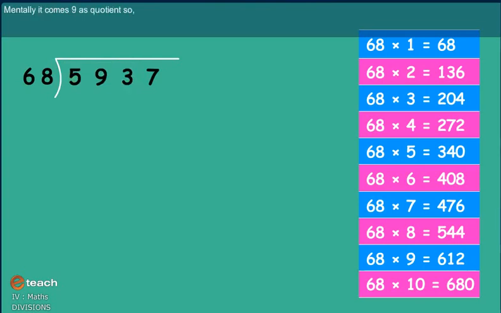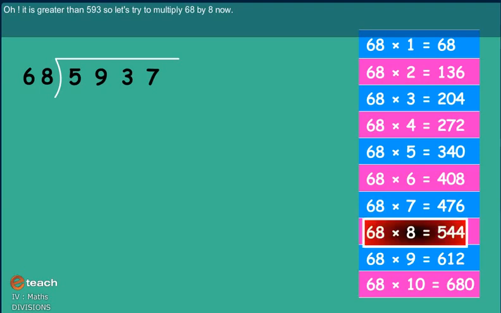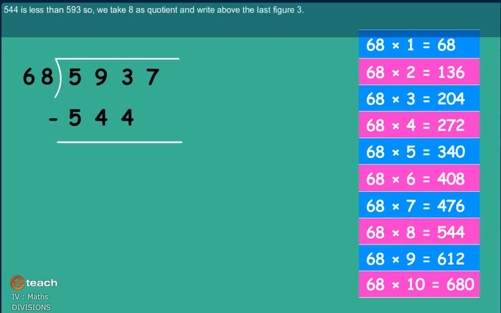Mentally it comes 9 as quotient, so let's try to find the multiplication of 68 by 9. Oh, it is greater than 593. So let's try the multiplication of 68 by 8 now. 544 is less than 593.